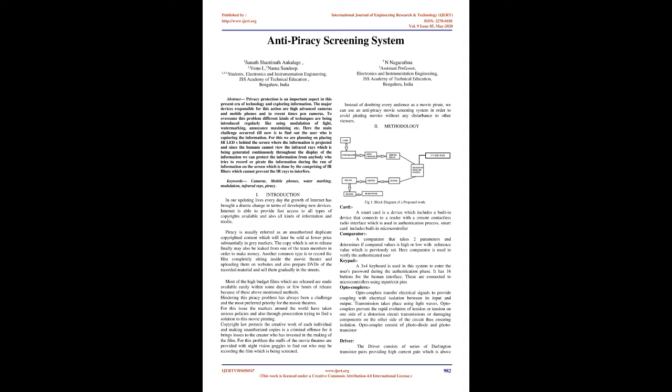Introduction. In our updating lives every day, the growth of the Internet has brought a drastic change in terms of developing new devices. The Internet is able to provide fast access to all types of copyrights available and also all kinds of information and media. Piracy is usually referred to as an unauthorized duplicate of copyrighted content, which will later be sold at a substantially lower price in grey markets.